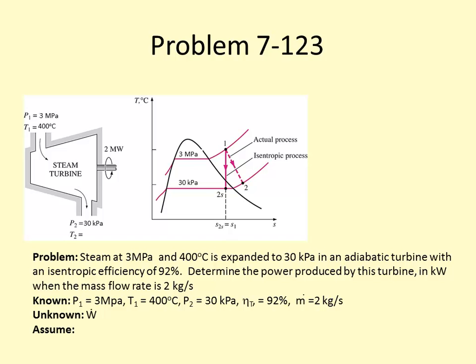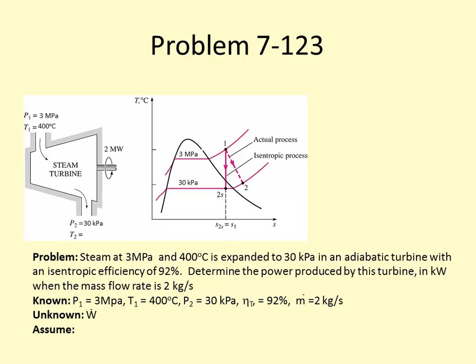We're told that this is an adiabatic turbine, so we don't have any heat transfer, and we don't have any work input to the turbine. So we have W dot out is equal to m dot times (h1 minus h2). This is the equation we would use regardless of the actual case or the isentropic case. The energy balance still holds true.